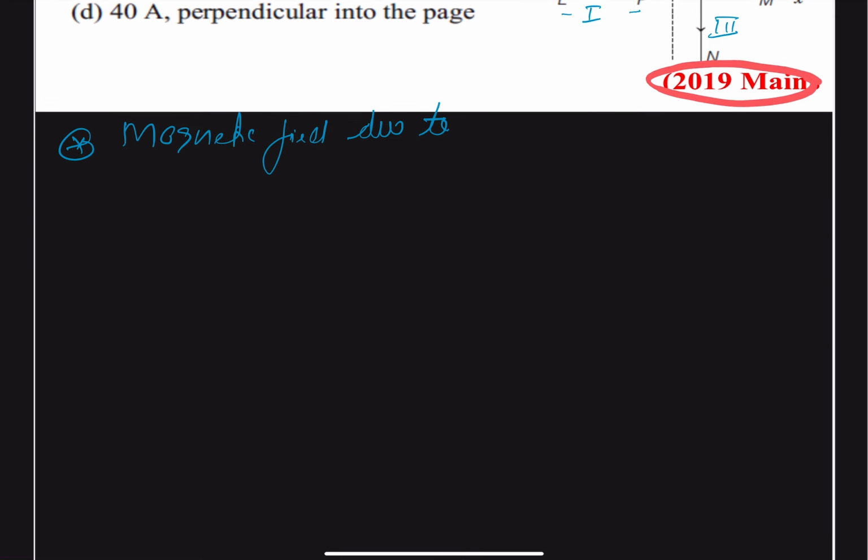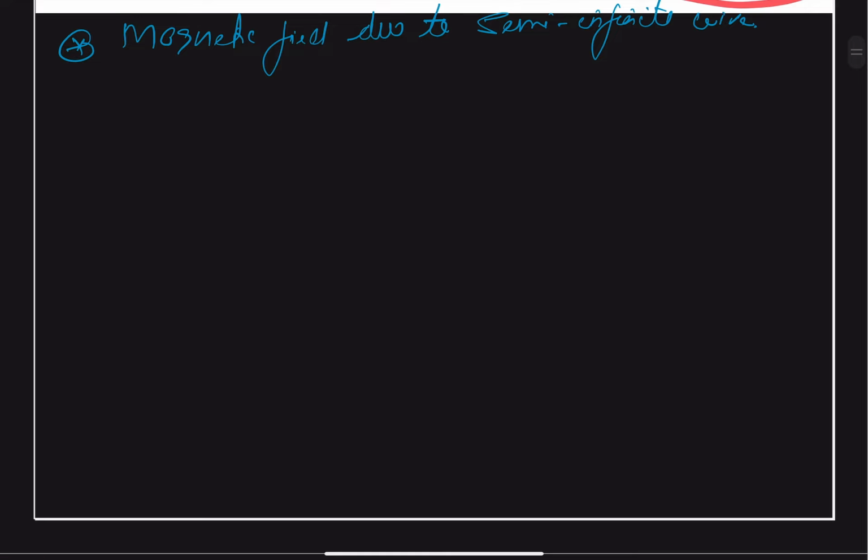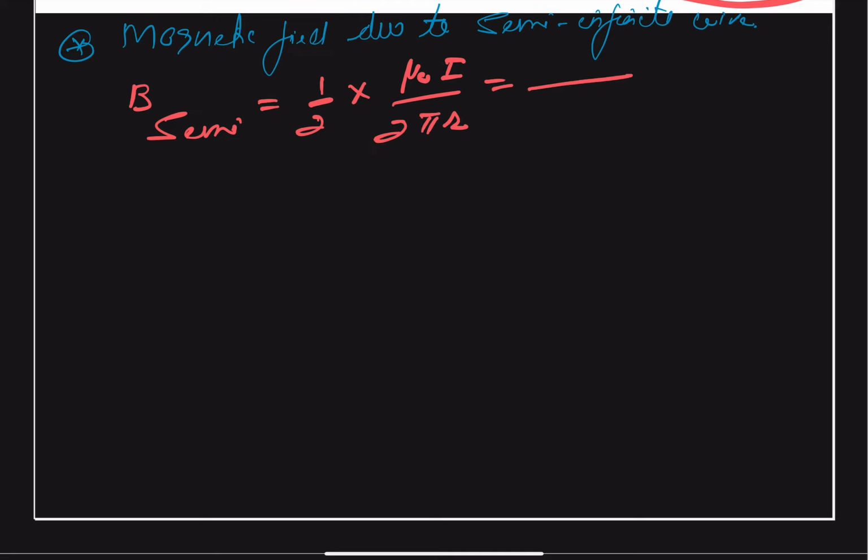So we can say magnetic field due to semi-infinite wire, you can write this as B semi-infinite is our half of mu naught I multiplied by 2 pi r. So this ultimately comes as mu naught I upon 4 pi r.